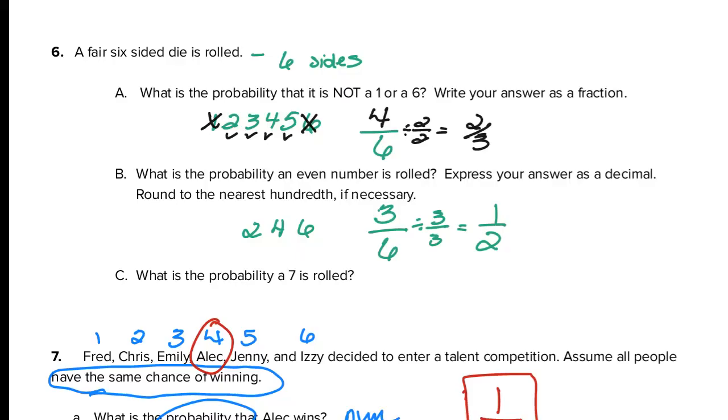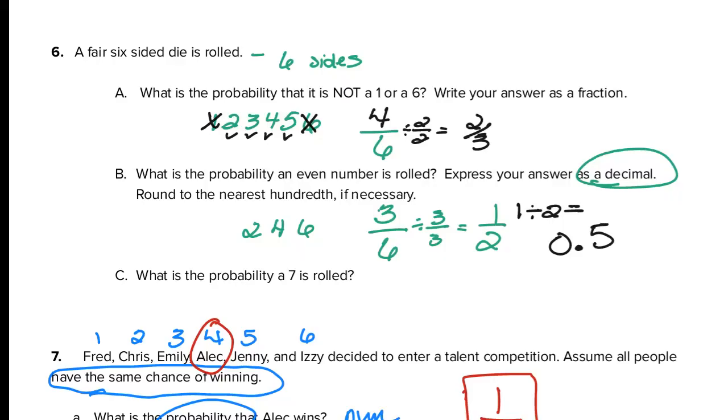Now, I should have finished reading, and it's kind of cut off if you're looking online, but they wanted it as a decimal. Remember, if you have it in fraction form, to change to a decimal, you take the numerator divided by denominator. So 1 divided by 2, hopefully that's one you might know, is 0.5.